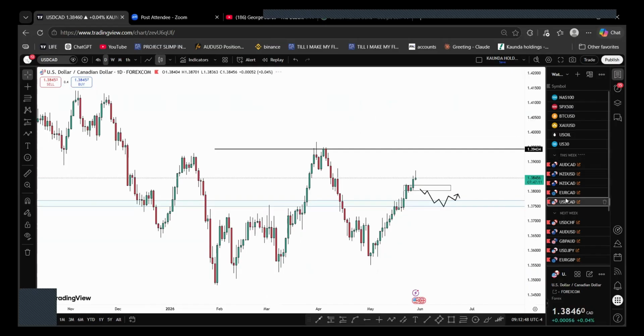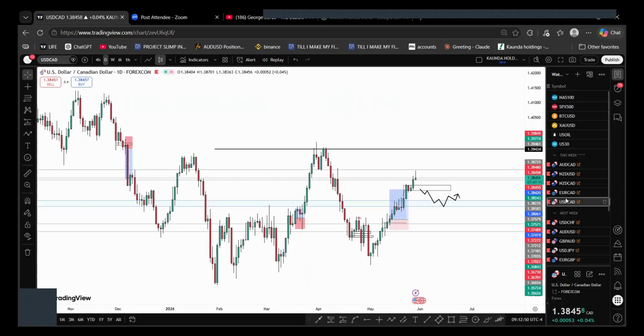So I think that's it. Let's just continue with the lesson I was trying to teach you guys earlier. If you can clearly see that price is bullish on the daily time frame, I need price to come back here as well.